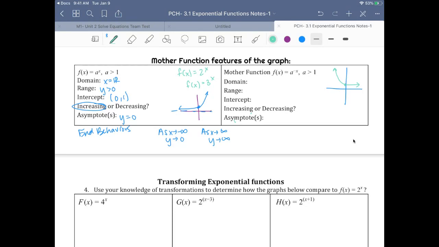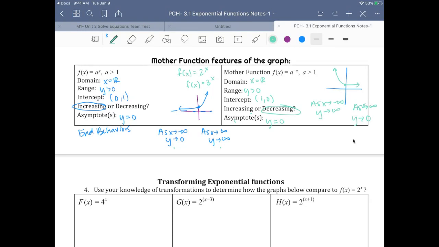The domain is the same. The range is the same. Our intercept is the same. Instead of increasing, we're going to be decreasing. Our asymptote is the same. Our end behaviors, as x goes to infinity, y goes to 0. Remember, they're going to switch here because it's a reflection. As x goes to negative infinity, y is going to positive infinity.